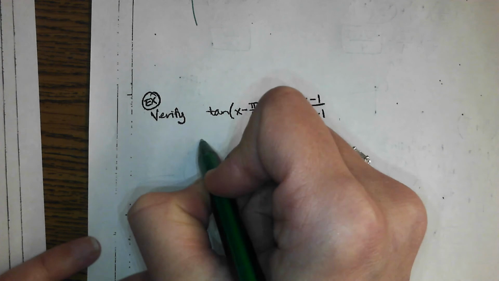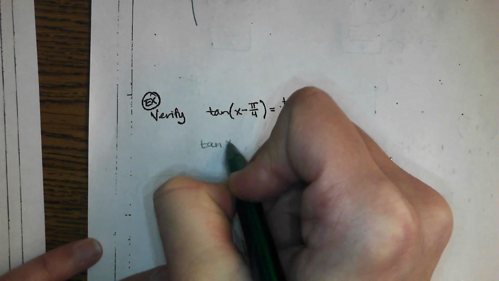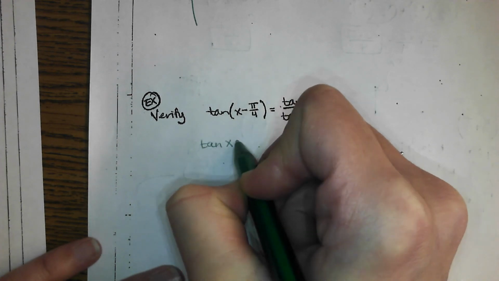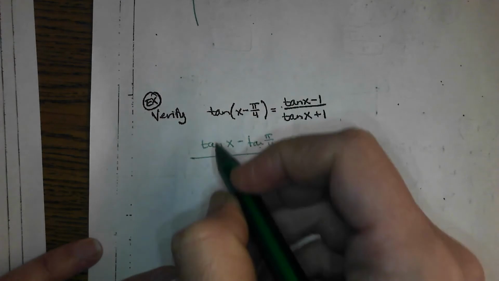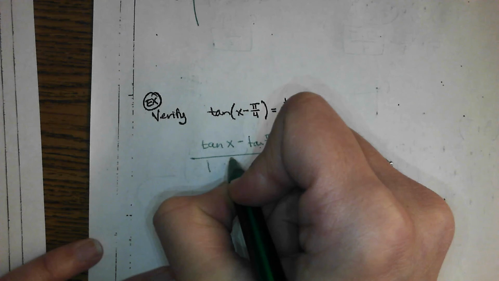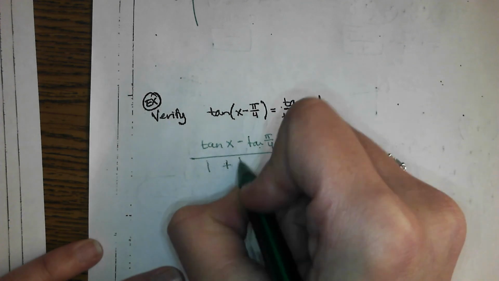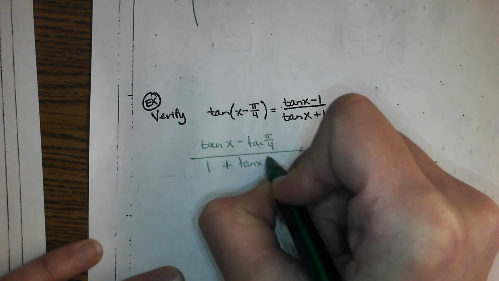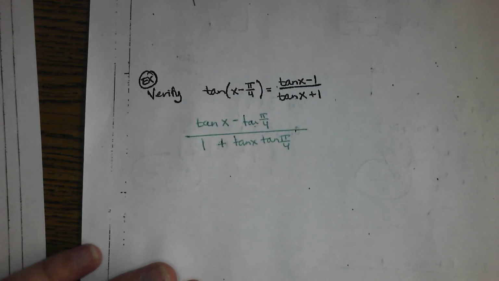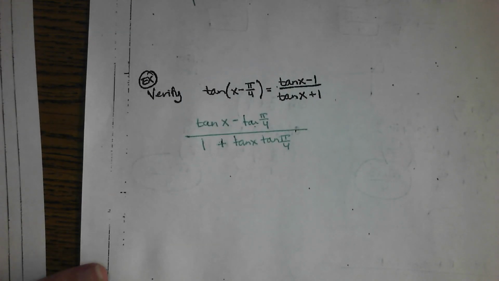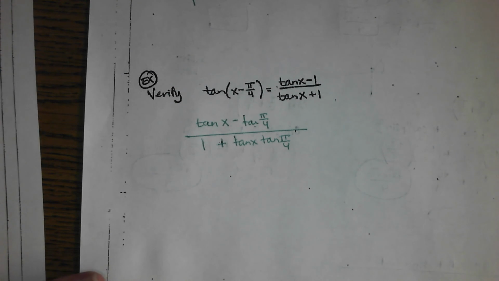So just using that formula, that's tan of x minus tan of pi over 4 over 1 plus tan x tan pi over 4. And that turns out very nicely because your tangents of pi over 4 just turn to 1s and you're done.